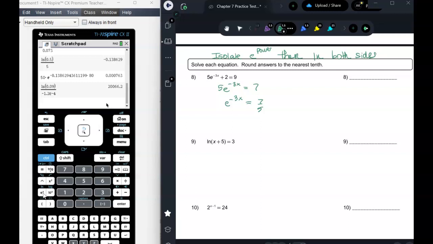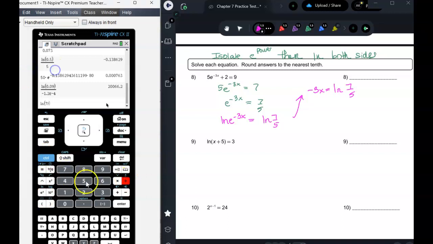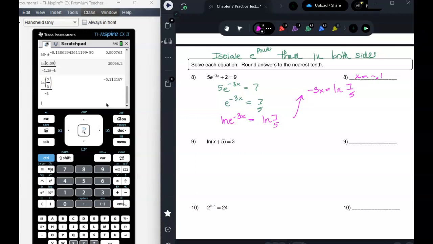Once we have e to a power, now we're just going to do natural log of both sides. So that's just going to give us negative 3x equals natural log of 7/5. So we have natural log of 7/5 divided by negative 3. And we're rounding to the 10th place, so negative 0.1. Pretty small, but that's fine.